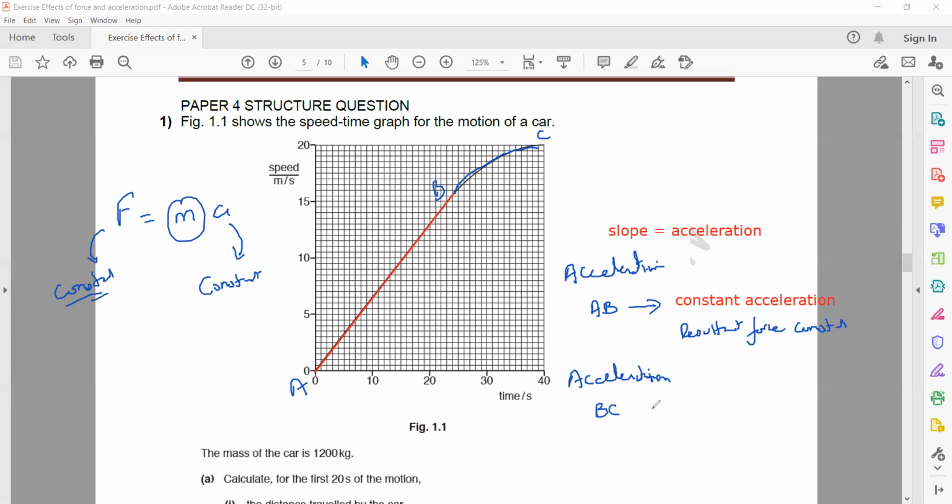So what happens from B to C? What happens to acceleration from B to C? Is it increasing, decreasing, constant, or zero?